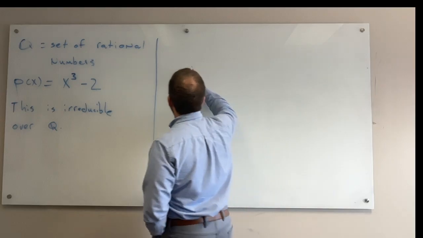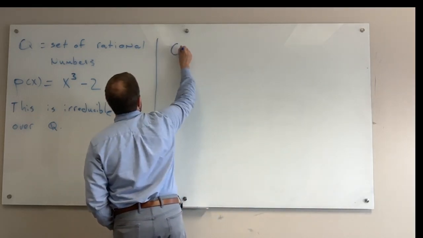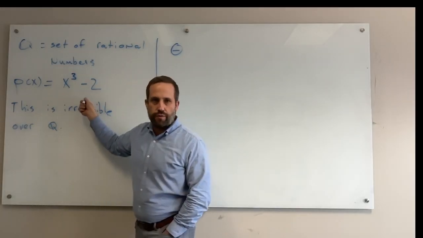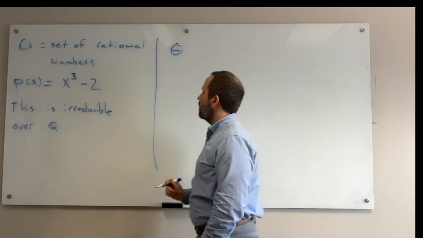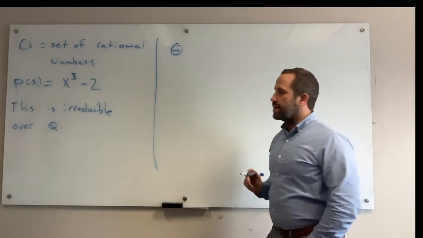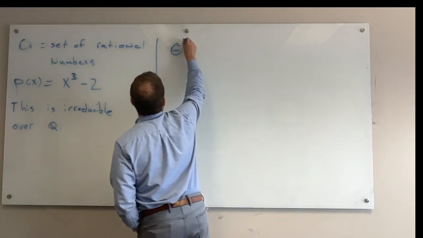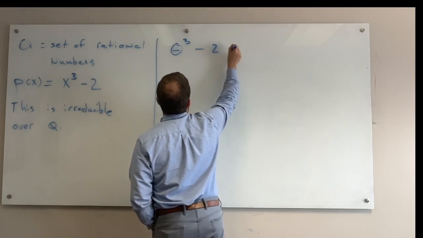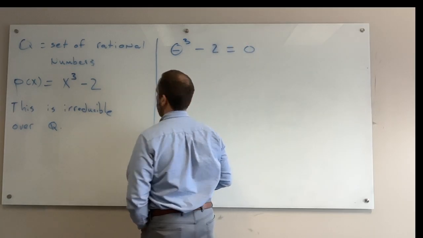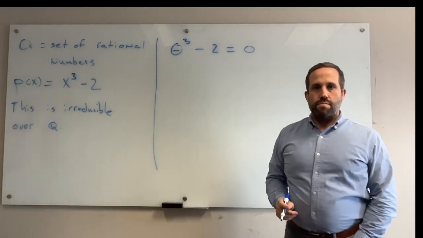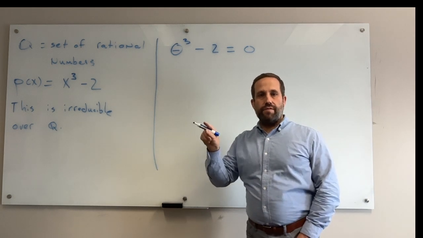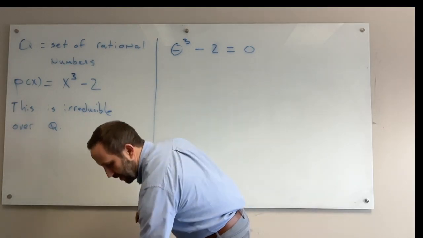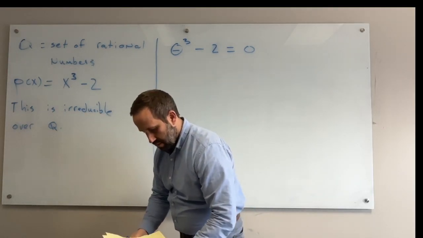Okay, so again, I'm going to think about adding an element theta. Of course, I know I want the cube root of 2 here, right? So I think about adding an element theta, and the only thing I know about theta is theta cubed minus 2 is equal to 0. I'm going to do this in a couple of steps because there are a couple of different things that I need to go through.